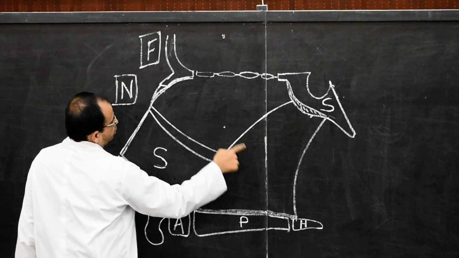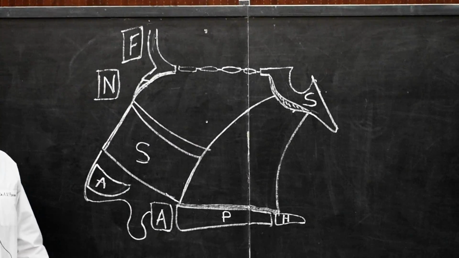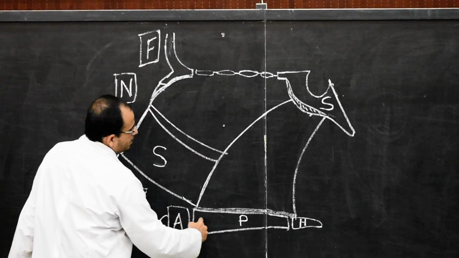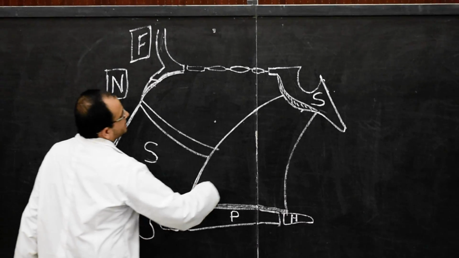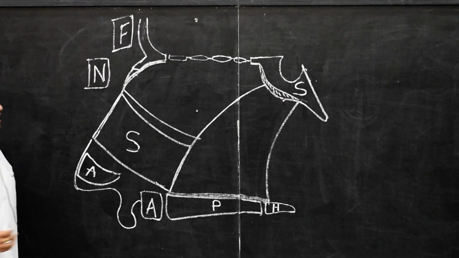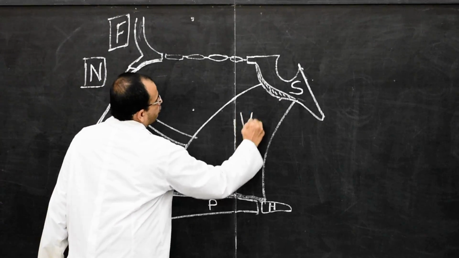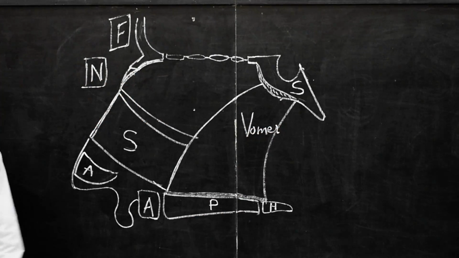And then there are two bones which form the posterior part of the nasal septum. One is attached over the entire palatine process of the maxilla and the horizontal palatine plate, extending backwards and upwards onto the rostrum of the sphenoid. That bone is called the vomer bone.